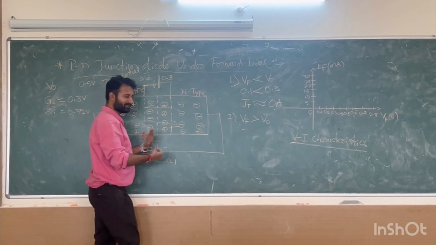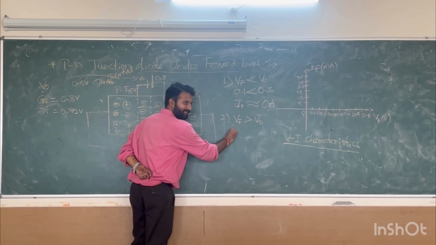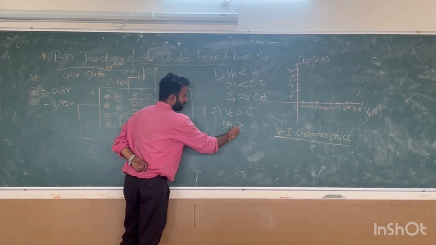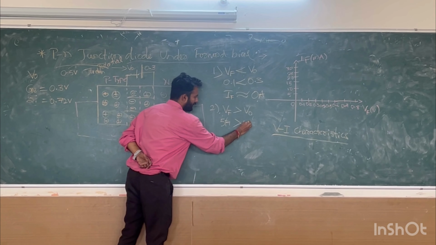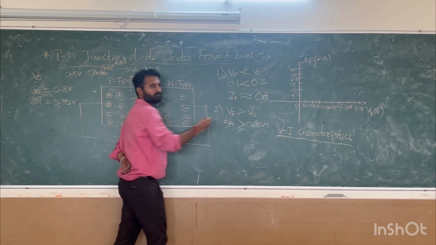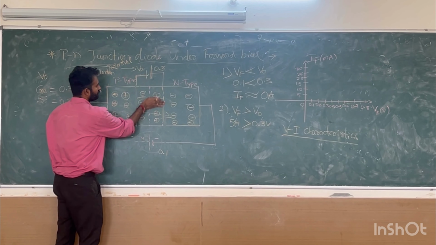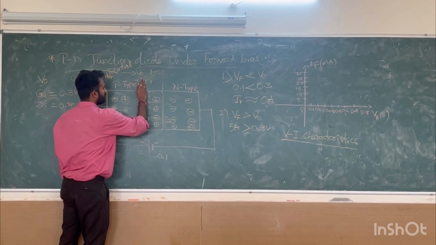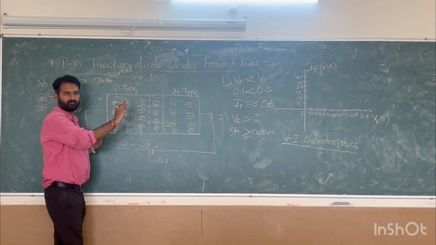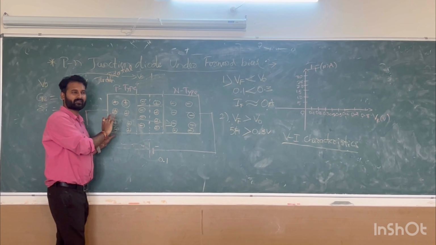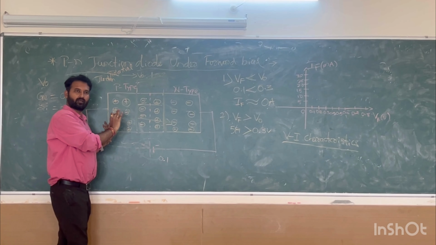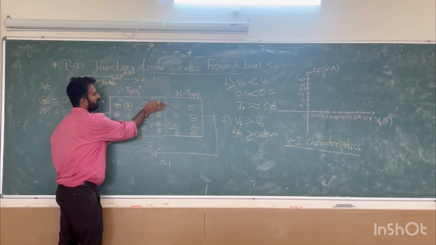Now the second case is, if your external battery is 5 or 4, and your internal potential is 0.3 volt. In this case, the depletion layer and internal potential barrier, what have I done? I have erased them. They are going to disappear.